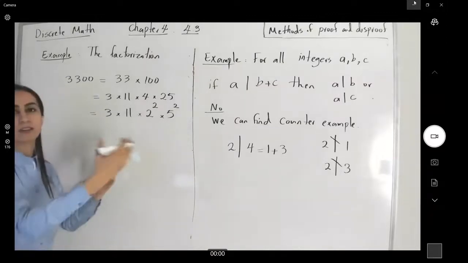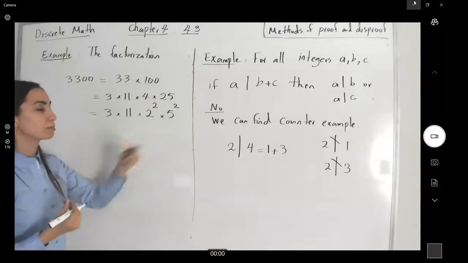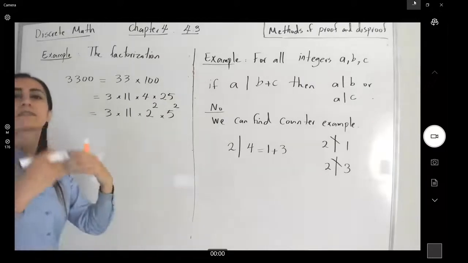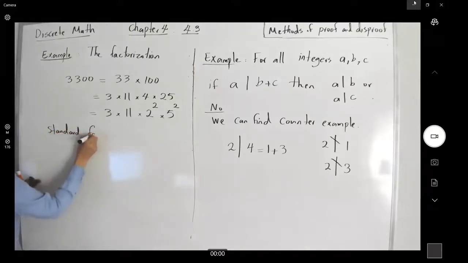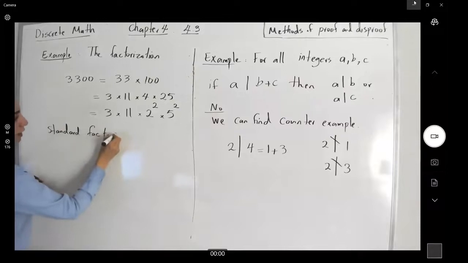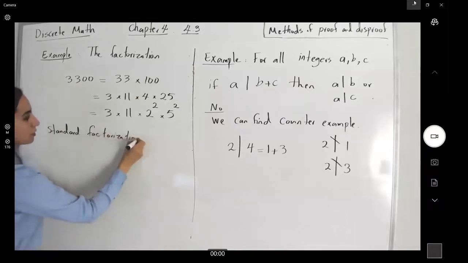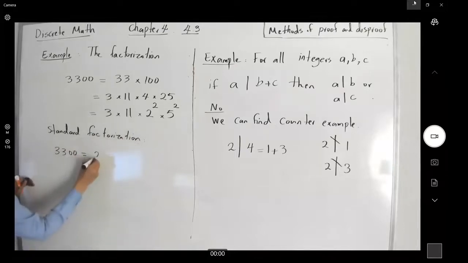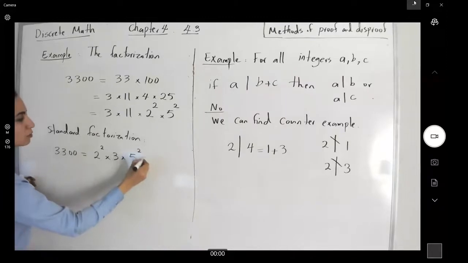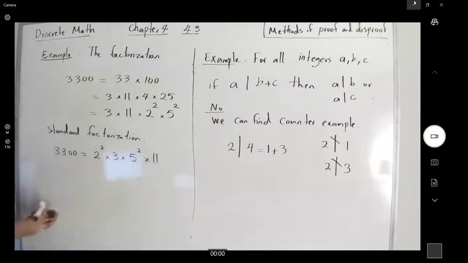If I rearrange this based on the prime numbers, I get the standard factorization. So this number can be written as 2 squared times 3 times 5 squared times 11.